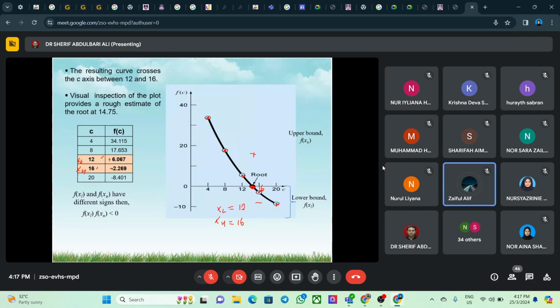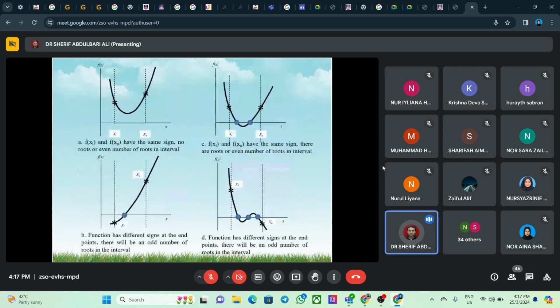Clear, Doctor. Okay, so here are some cases, but they are out of our range. Like the first case here, the function is not even crossing the x-axis, so this means this function has no roots. In this case, the function is crossing the x-axis at many points, point number 1 and point number 2, and we are going to cover it at week 4.